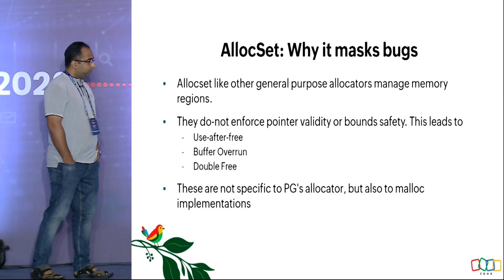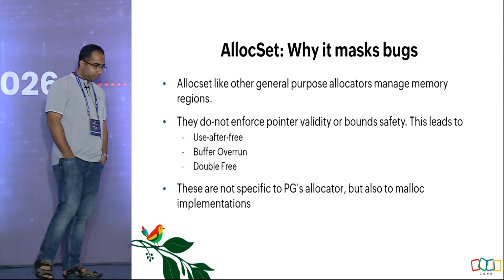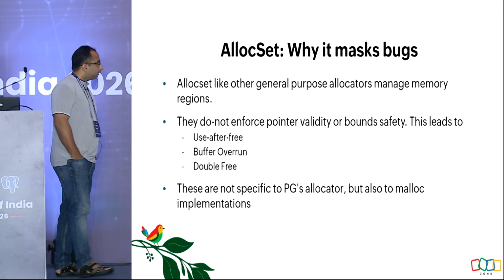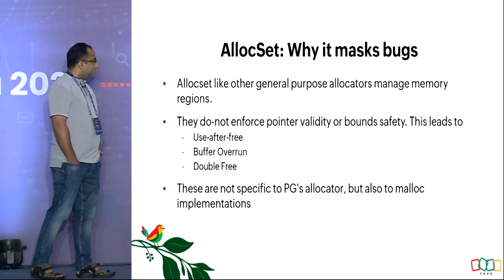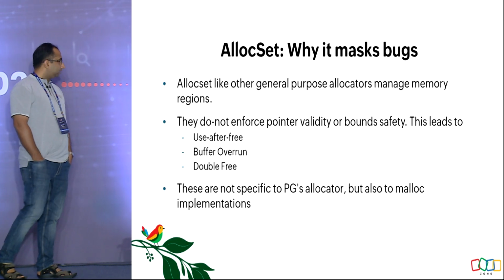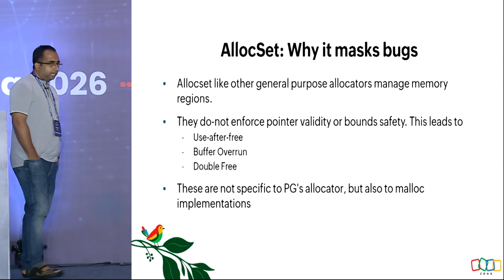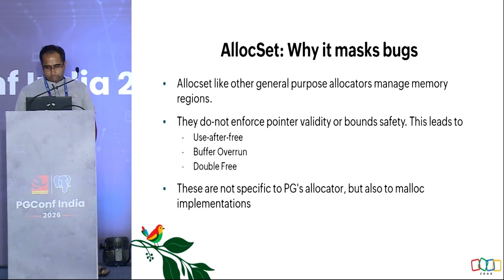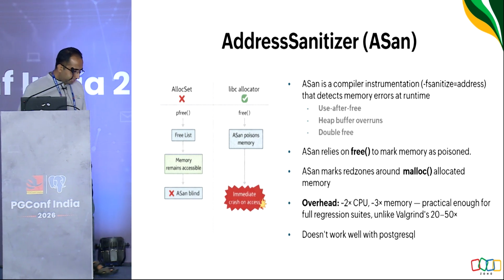This causes all the 3 issues that I mentioned before: use after free, buffer overrun, and double free. We'll look into these issues in later slides, but they are not specific to PG's allocator; they can happen with malloc implementations also.